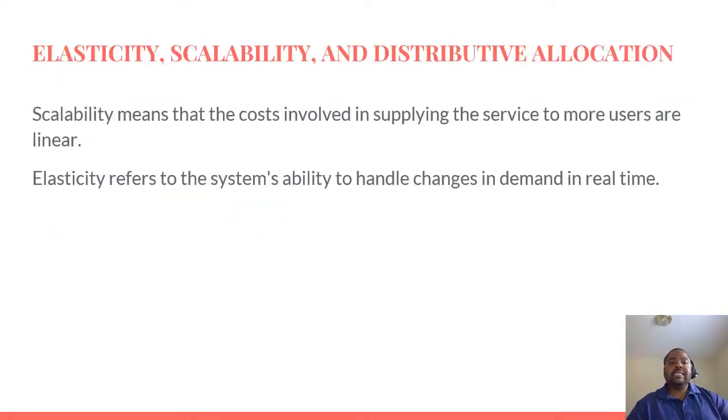So, elasticity and scalability. Scalability is just taking those servers, like I think I referenced in the cloud section, where you can scale out or you can scale up. To have scalability, you either scale out to have more people join in a cloud setting, so you add more servers and more servers and more servers.